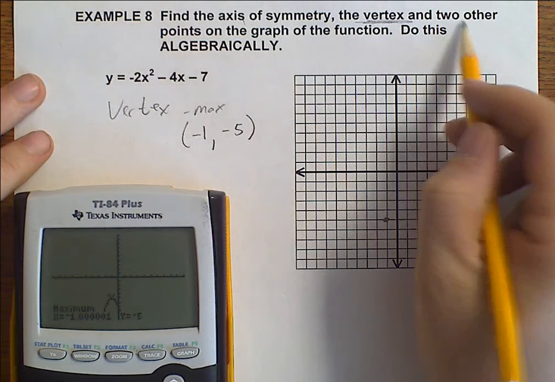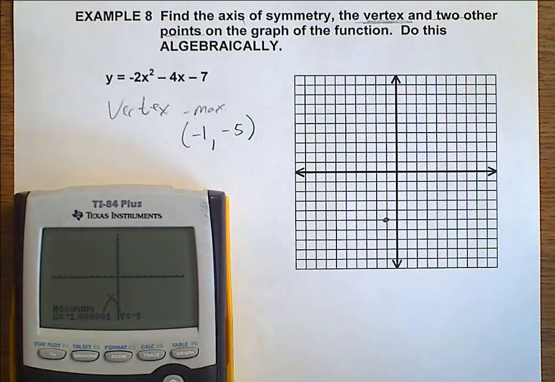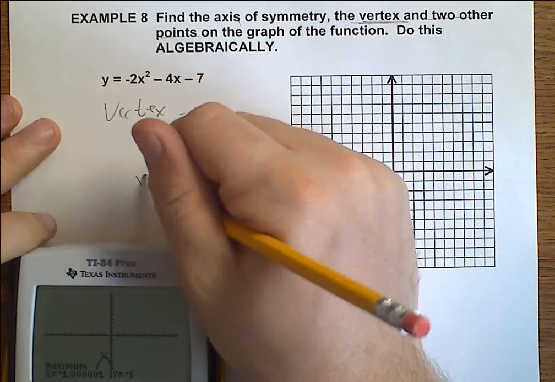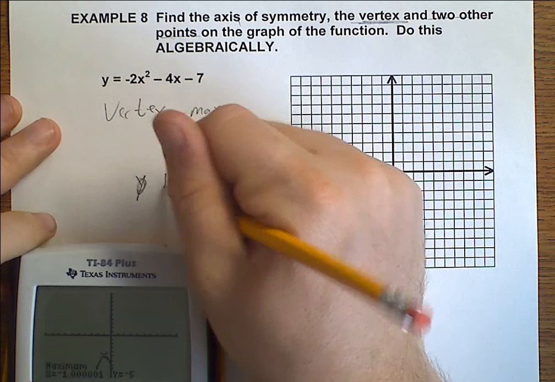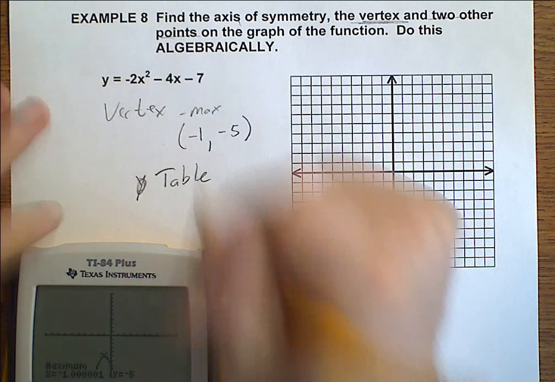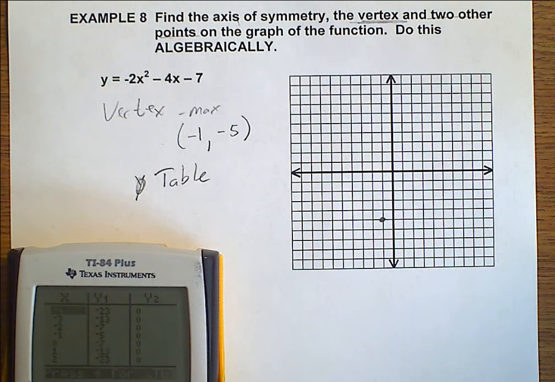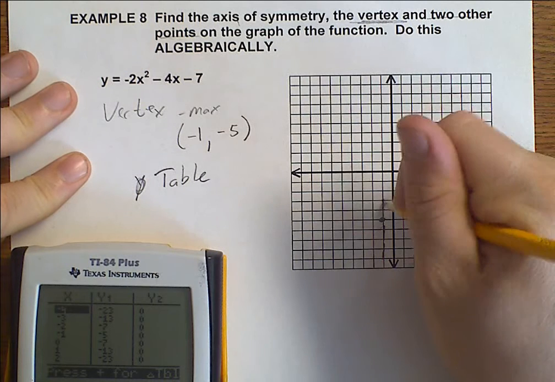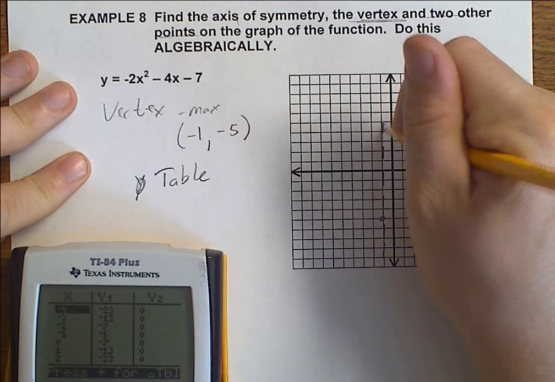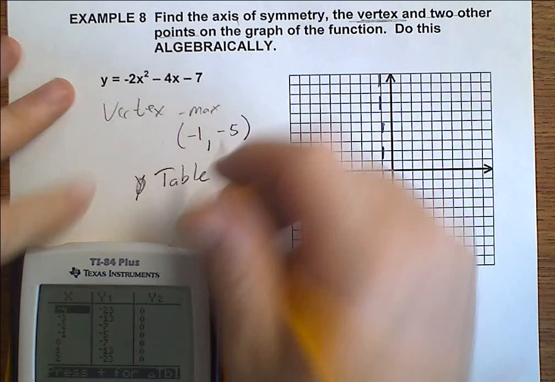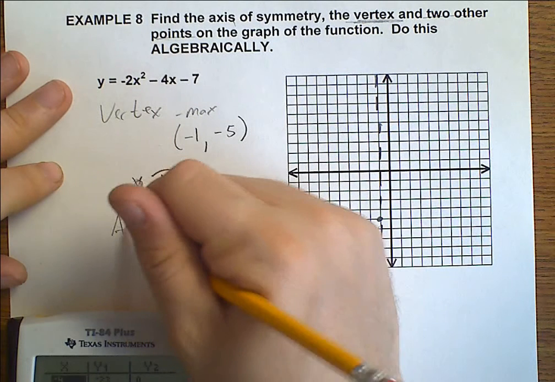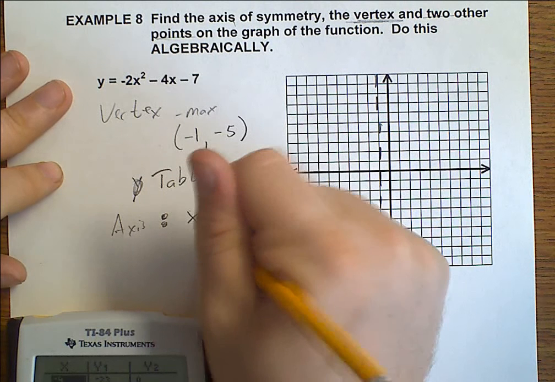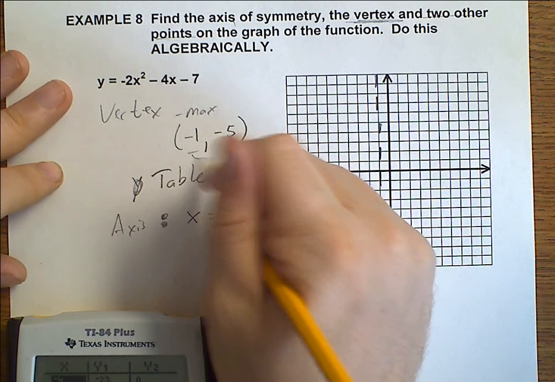And it says 2 other points. Well, we go to our table, second table. We want to find 2 other points across from our axis of symmetry. Which comes from right there.